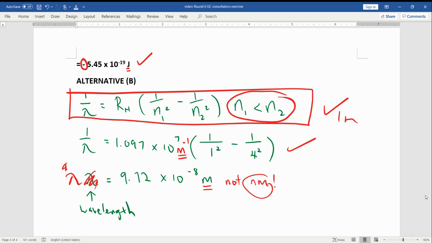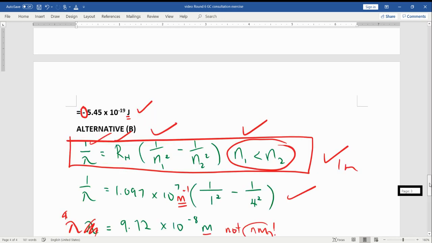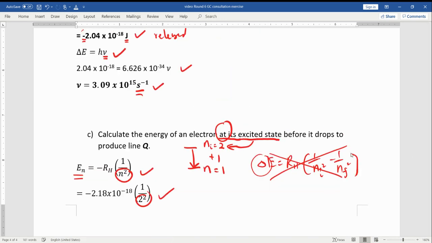If you want to use the Rydberg constant for wavelength, make sure you write everything, because this is one mark. At its excited state, use this formula. At its excited state means higher level.